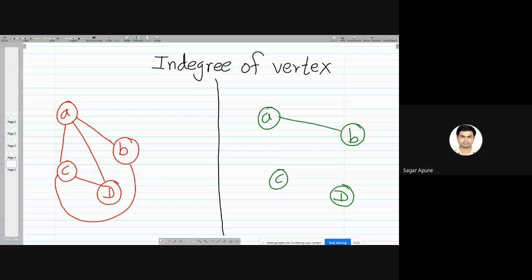So A to B direction, D to A direction, A to C direction, C to B direction. Okay.